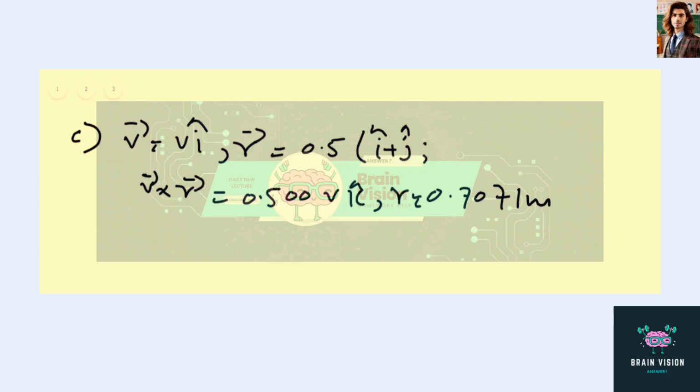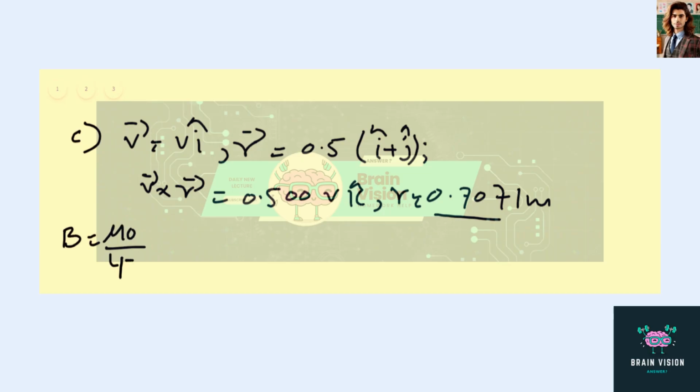We just took the square of 0.5 here, added, and then took the square root, and we got r as 0.7071 meter. Then we'll substitute this value of r into the B equation.